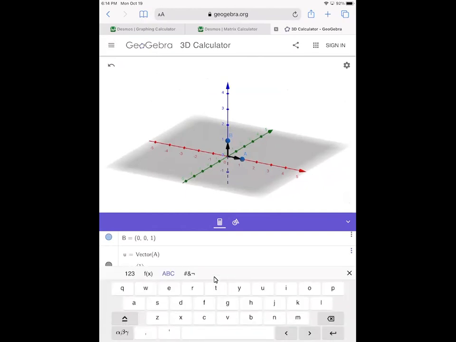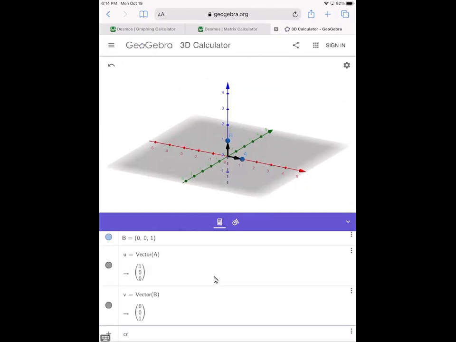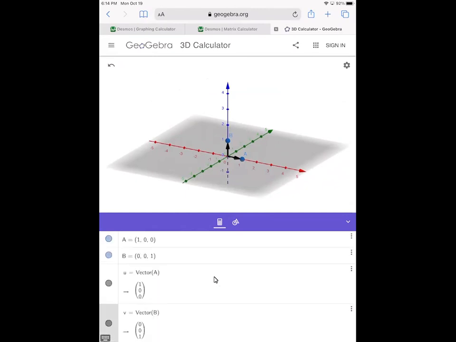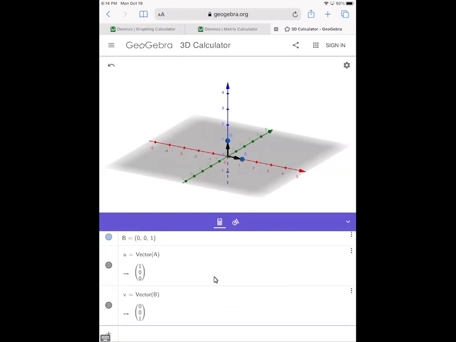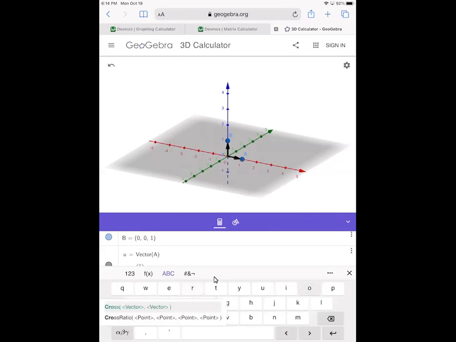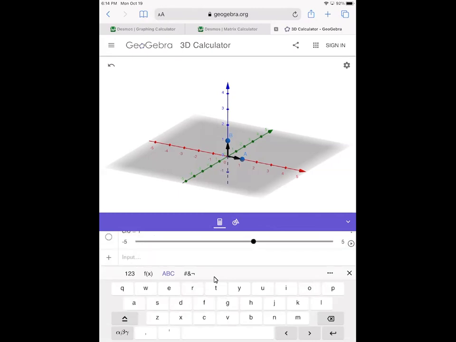So we want the cross product. So it's really just cross of the two vectors. I mean, if I can get it to work, it'll be a miracle.